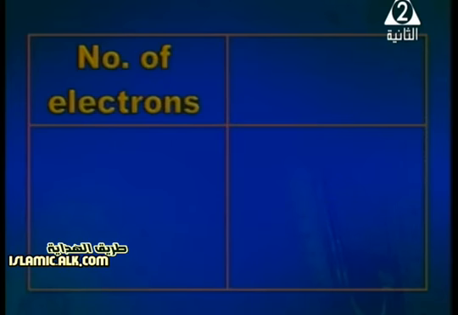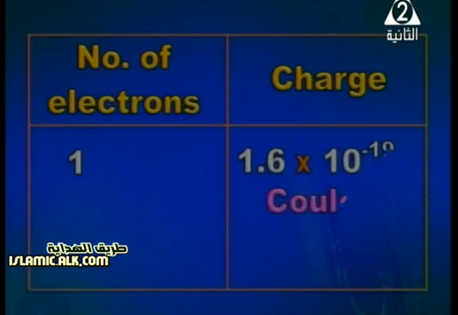Now we'll do something very useful. We want to know the number of electrons altogether that carry a charge of 1 coulomb. So we've got a table. In the first column, we've got the number of electrons, and in the other, we've got the charge. The charge of 1 electron is equal to 1.6 times 10 to the power of negative 19 coulomb.